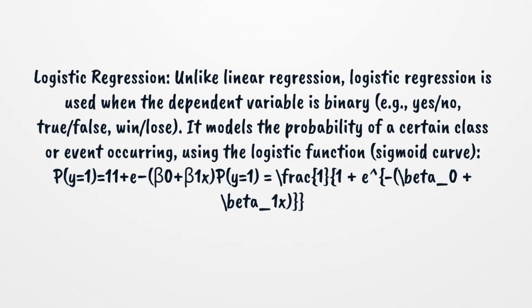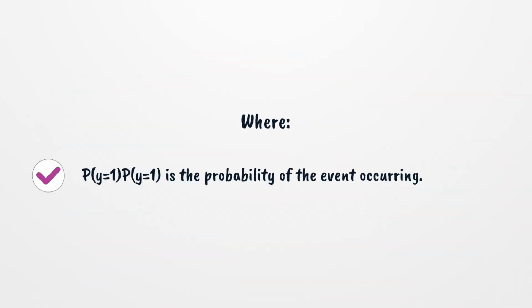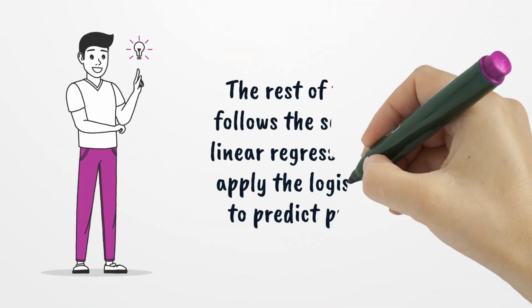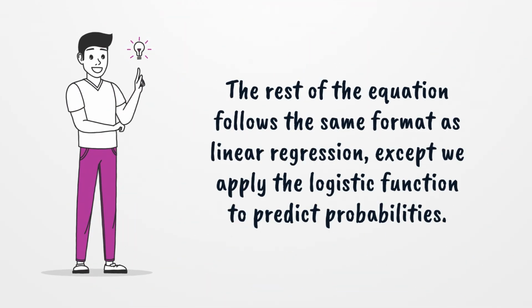P(y=1) = 1 / (1 + e^-(β0 + β1x)), where P(y=1) is the probability of the event occurring. The rest of the equation follows the same format as linear regression, except we apply the logistic function to predict probabilities.